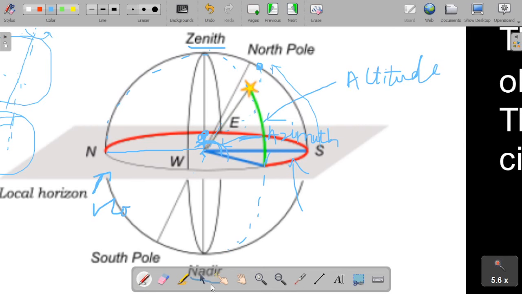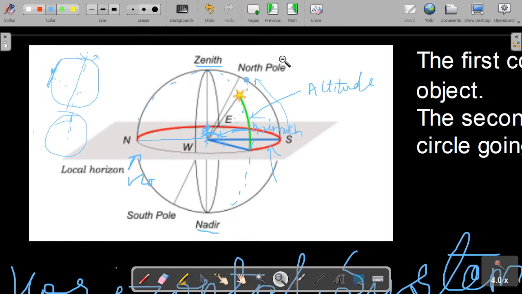Generally, you can also define it connecting to the south, but generally, so to speak, we define it from north to east. So the angle made by the meridian to the north and the, sorry, if I said north pole before, I didn't mean it. I meant the north direction.